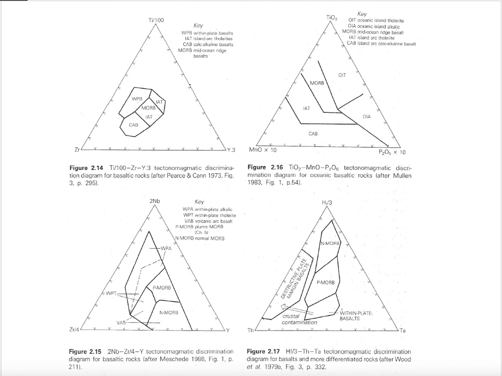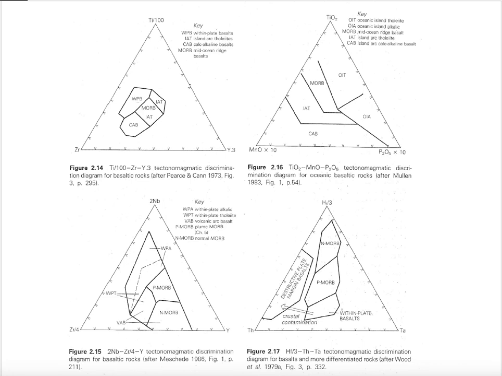Then we have number 2, with titanium oxide at the top. Then we have manganese oxide multiplied by 10 at the left corner, and at the right corner the P2O5 concentration multiplied by 10.